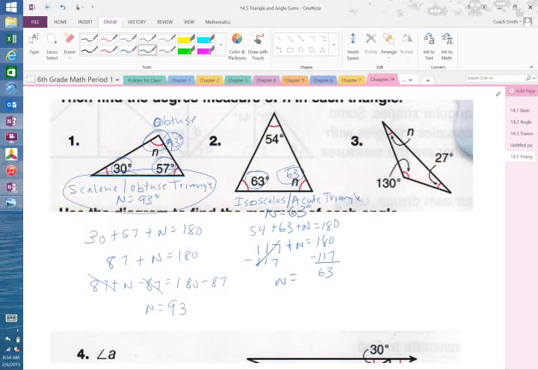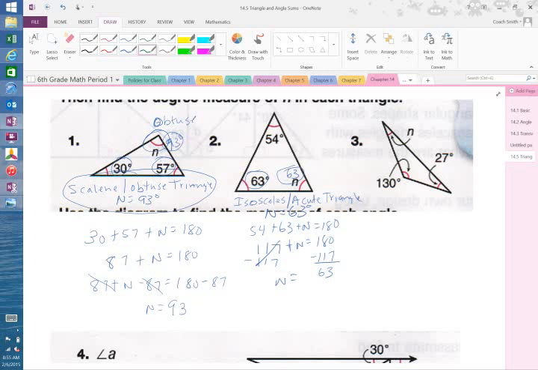All right, who's got the answer for me for number 3? I first of all want to know what the missing angle is. Okay? The missing angle would be what? Noah? 33 degrees. Are you sure?